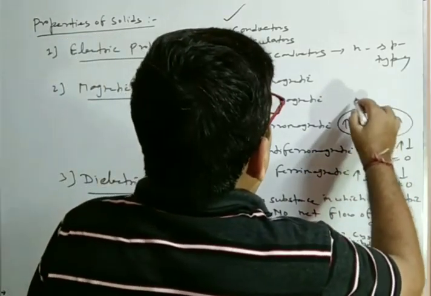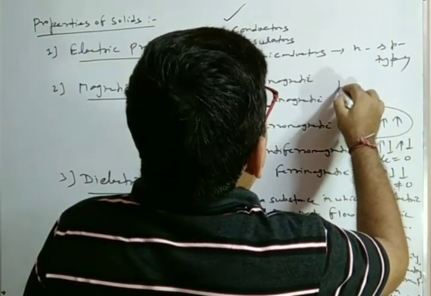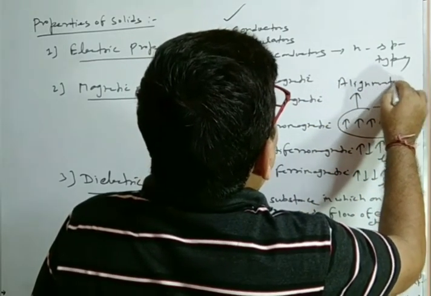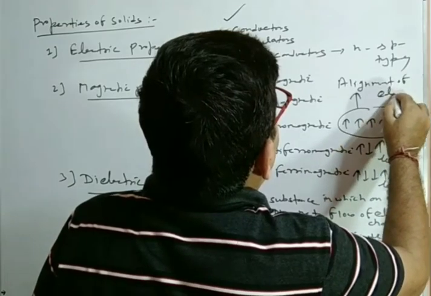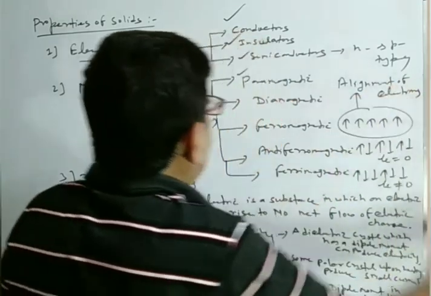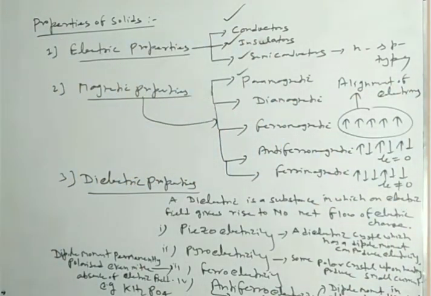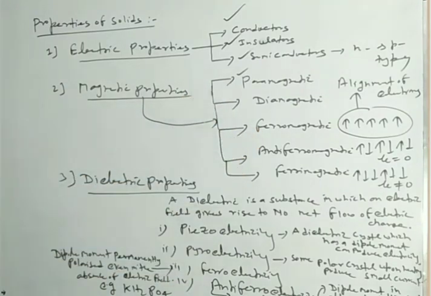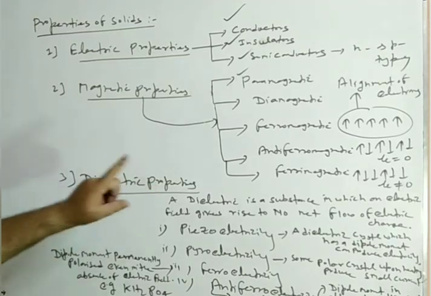Such electrons are called alignment of electrons. We can say paramagnetic is a part of ferromagnetic. At last, our property is dielectric properties.